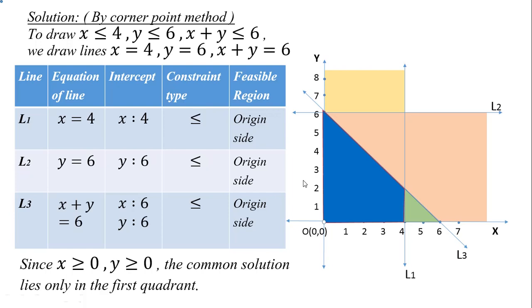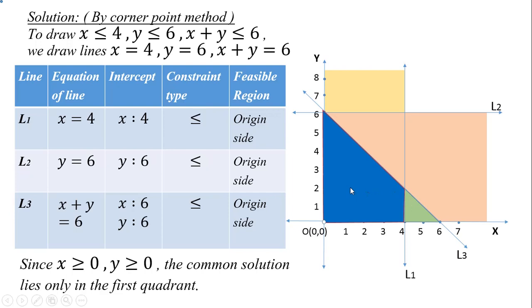But we have to find the maximum value of z. Okay. So the maximum value of z will occur at least at one of the corner points. So here the corner points are 1, 2, 3, 4.